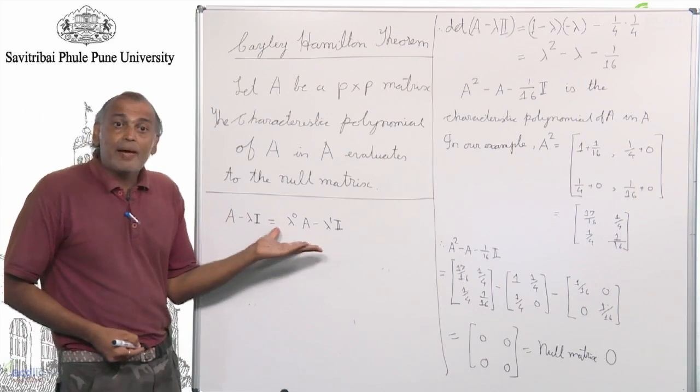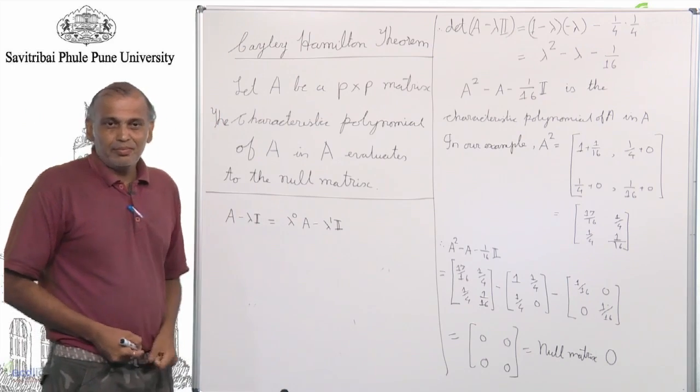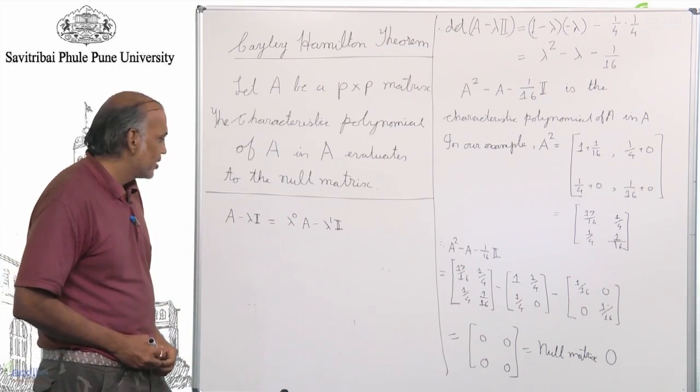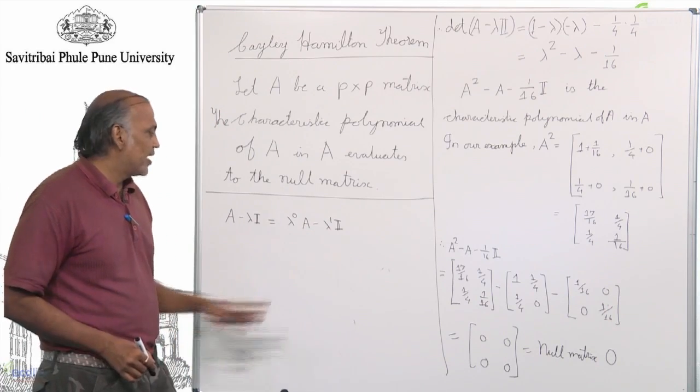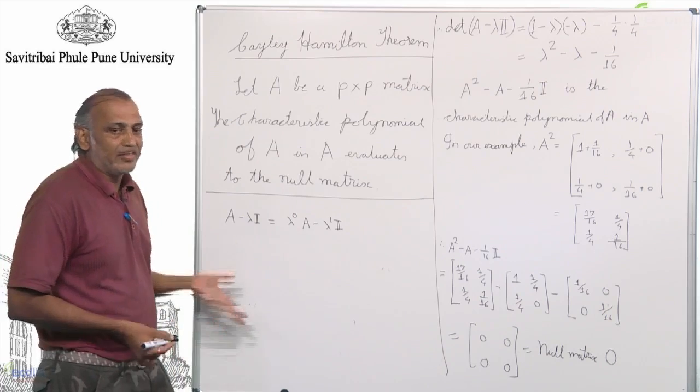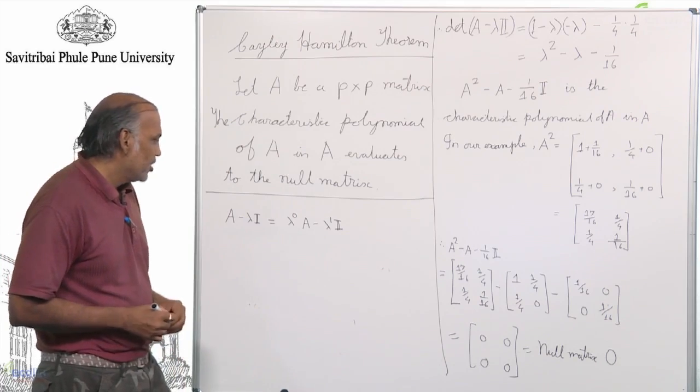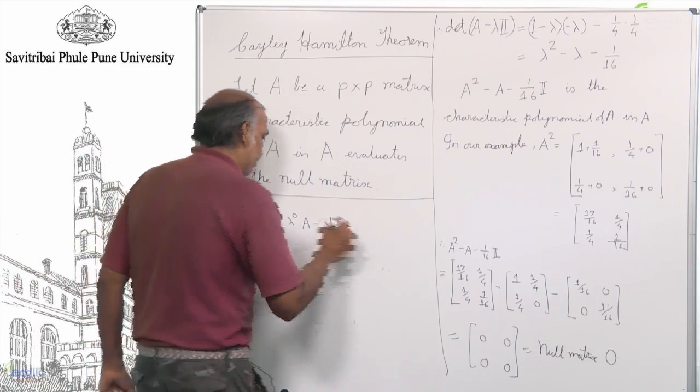So this is a polynomial in lambda with matrix coefficients, P by P matrices. Lambda to the power 1 has the coefficient minus identity, and lambda to the power 0 has the coefficient A, which you began with.